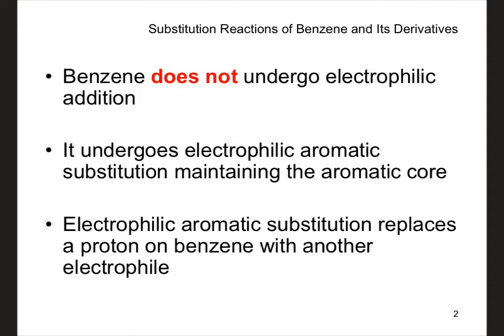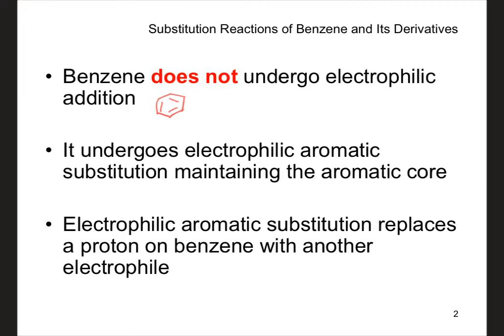If you wrote in your notes that benzene does not have a full double bond, you're absolutely on the right track. Recall this was the whole concept of benzene not being a 1,3,5-cyclohexatriene. Your electrons are not localized between specific carbon atoms, and hence you can't have that addition reaction take place.